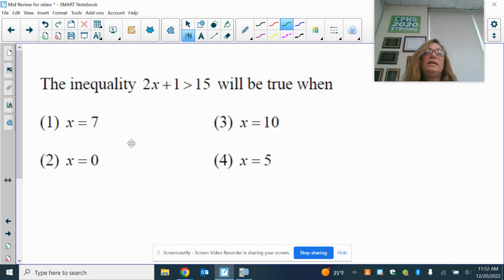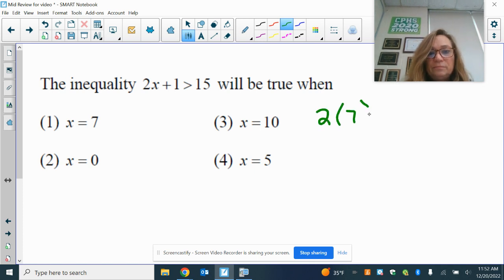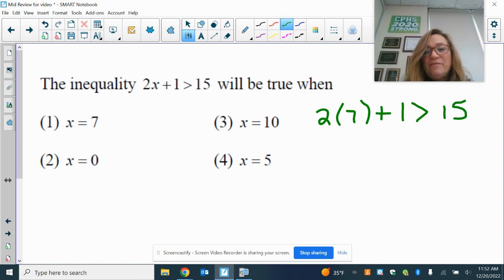The inequality 2x plus 1 is greater than 15 will be true when. So I'm going to do substitution. I'm going to take the 7 and try that first. 2 times 7 is 14. 14 plus 1 is 15. 15 is not greater than 15. They happen to be equal, so that's not good.